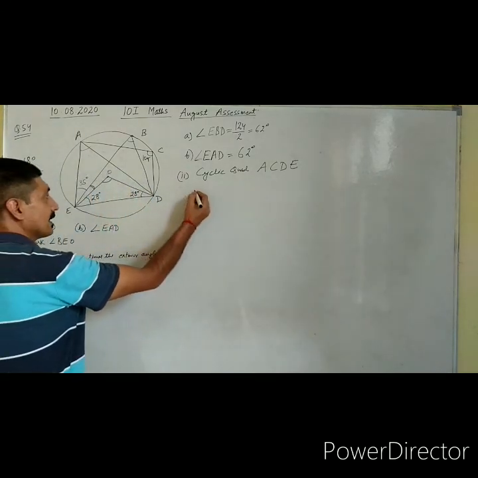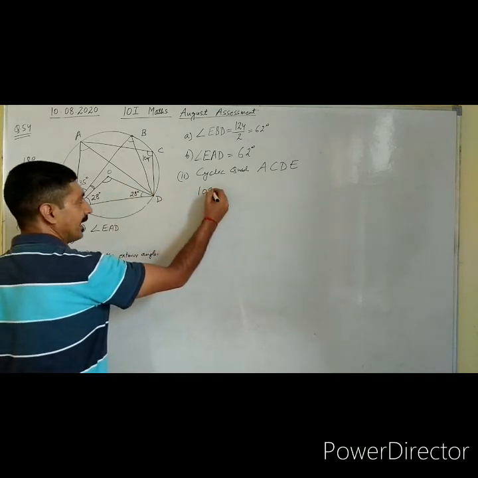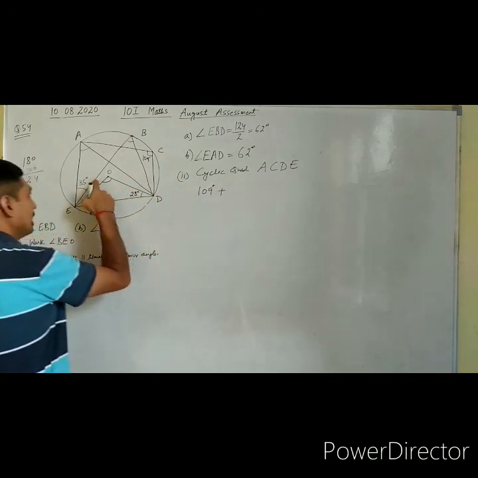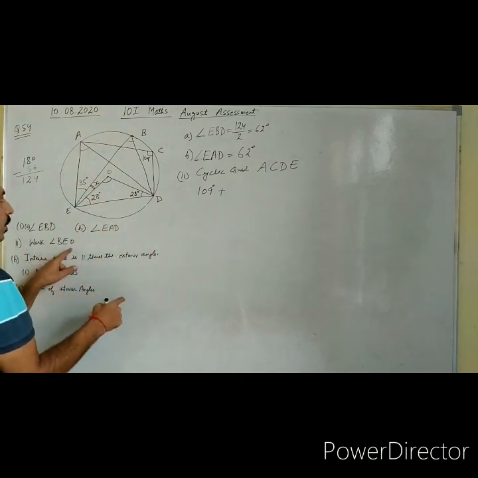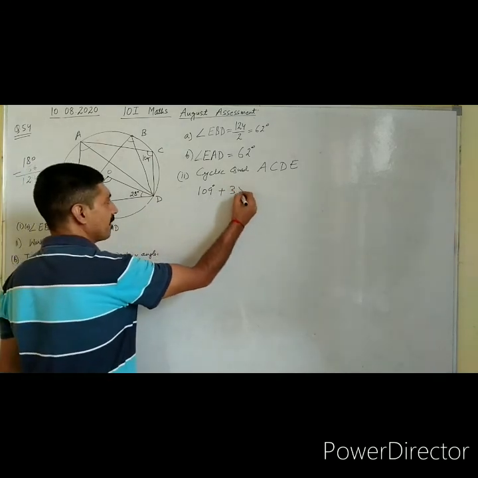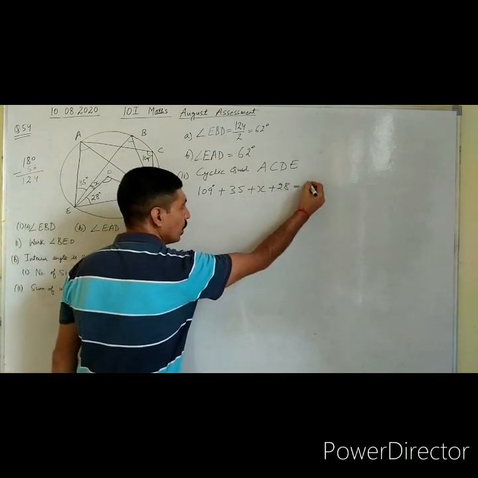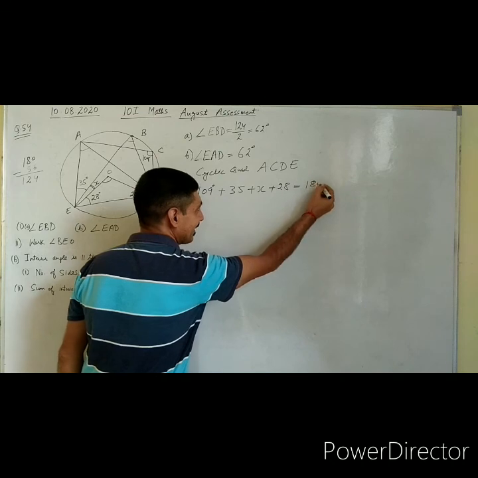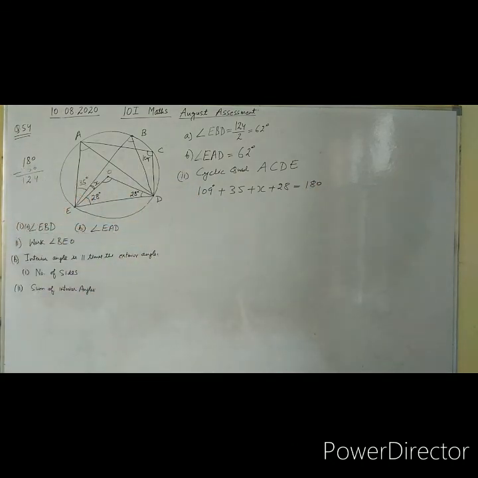We have the sum of opposite angles. One angle is 109 degrees, and this angle is x, which we want to find. That is BEO plus 35 degrees plus x plus 28 is equal to 180 degrees. So adding them, we can find this angle BEO.